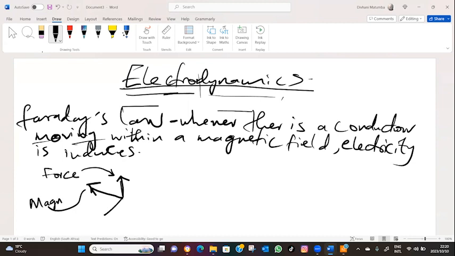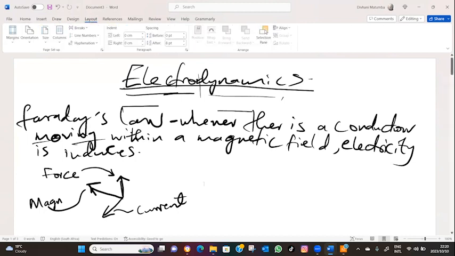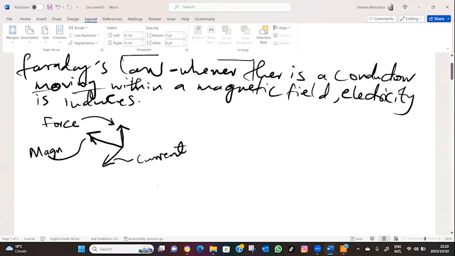We also have the current induced. Now, in order to figure this out, you need to use your right hand rule to figure out how the current is induced.